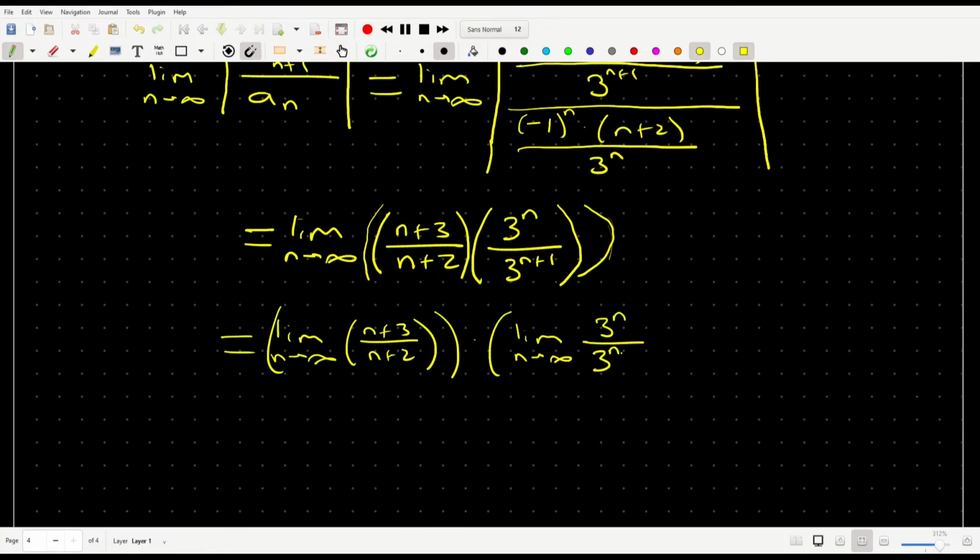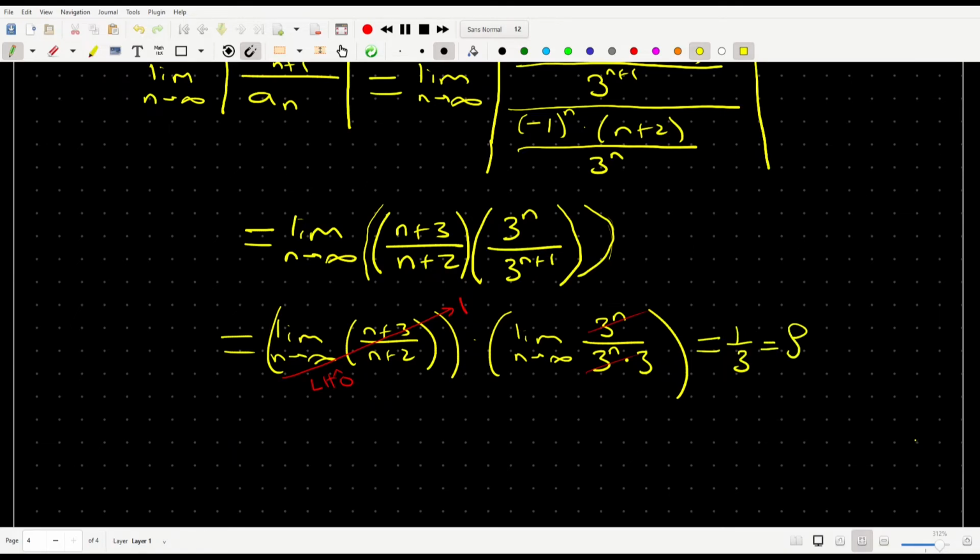So the idea here is that this first limit goes to 1 by L'Hopital's rule. It's a very nice, quick L'Hopital's rule calculation. And then the second limit simplifies even more because we have 3 to the n divided by 3 to the n, which cancels out, which means this second limit is going to be 1/3. So the entire limit here is 1/3, which is our rho, and this value is strictly less than 1.